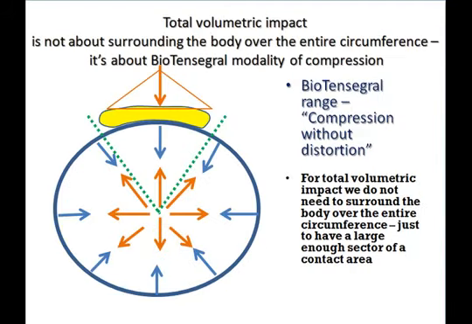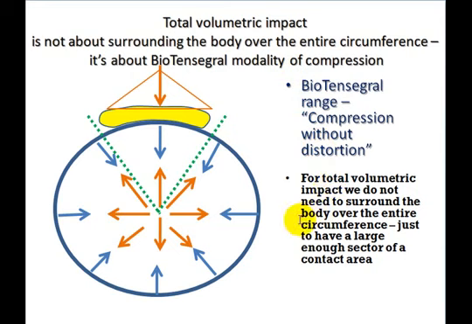That's a number of key messages that we need to understand about the technical ways of doing things. So total volumetric impact is not about surrounding the body over the entire circumference with an endless number of local patches. It's about getting the biointegral modality of compression.